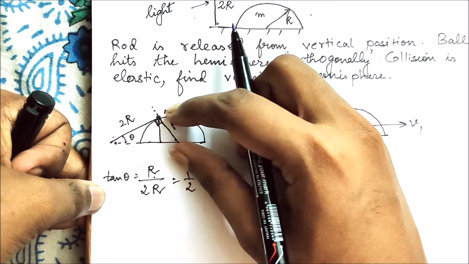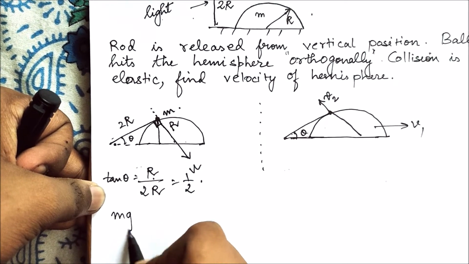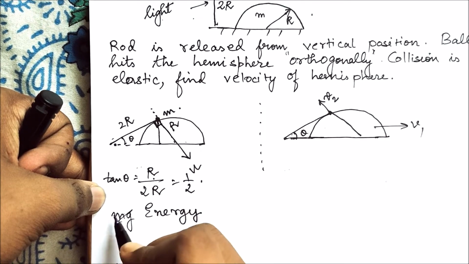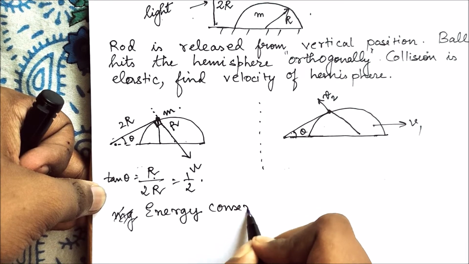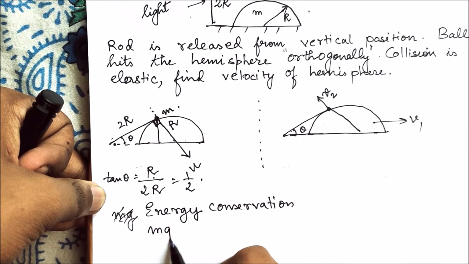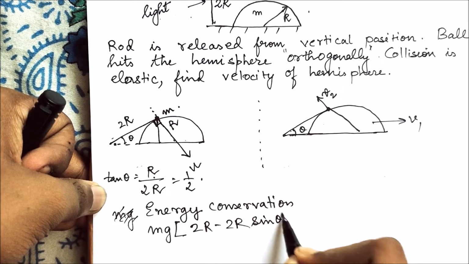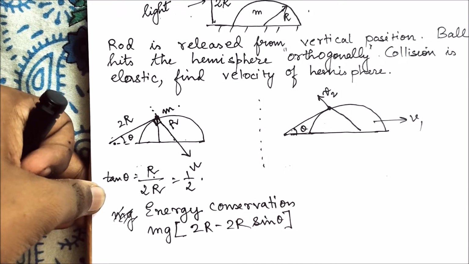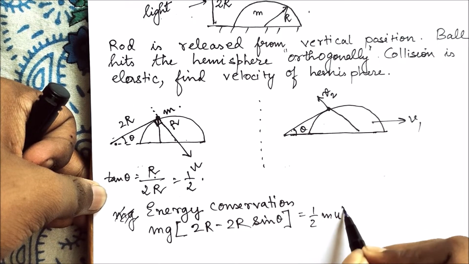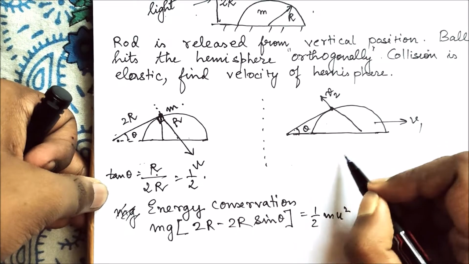So the potential energy change, let me write energy conservation: mg(2r minus 2r sine theta), the change in potential energy, is equal to the kinetic energy, half m u square.